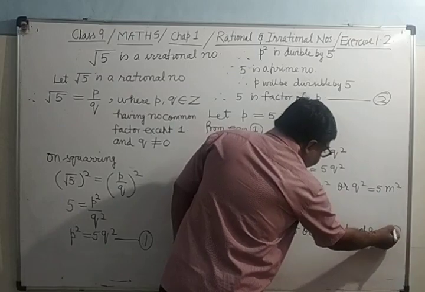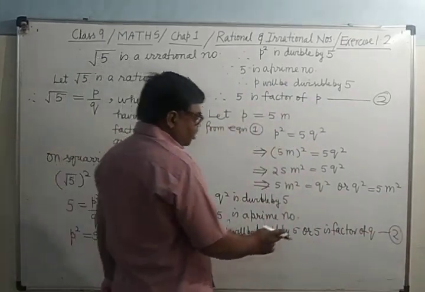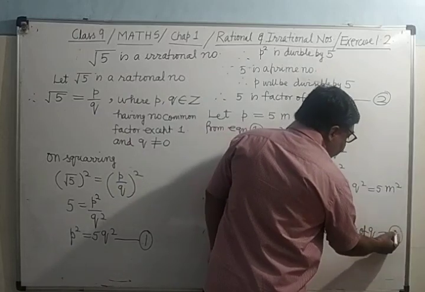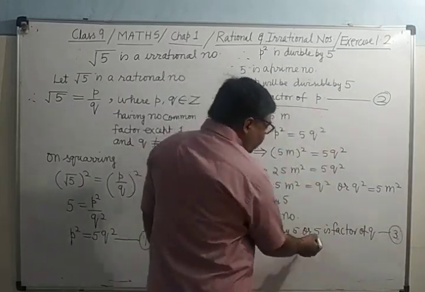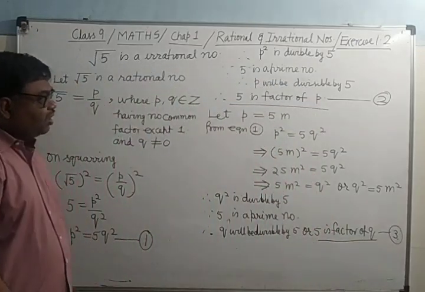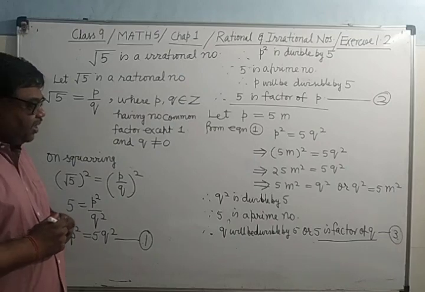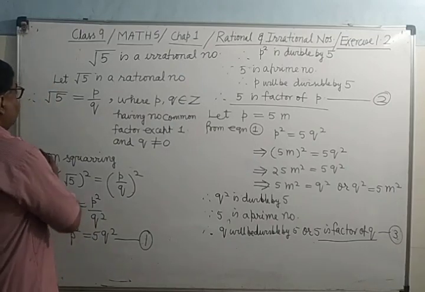This we have taken as 3. You can see here 5 is a factor of p, 5 is a factor of q, which means there is one common factor between p and q.